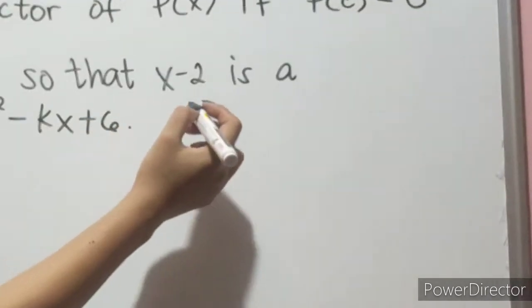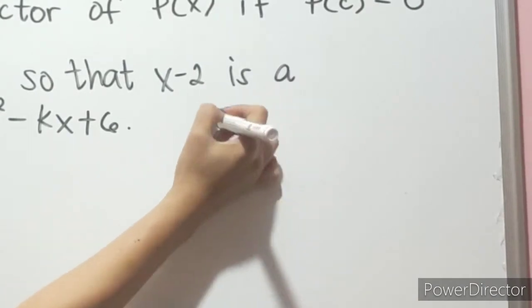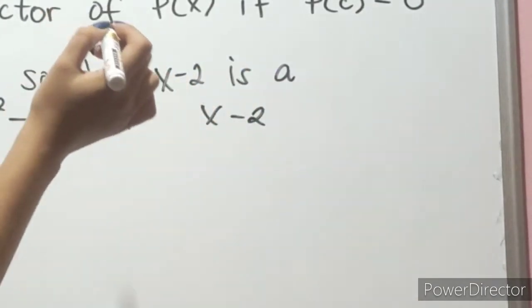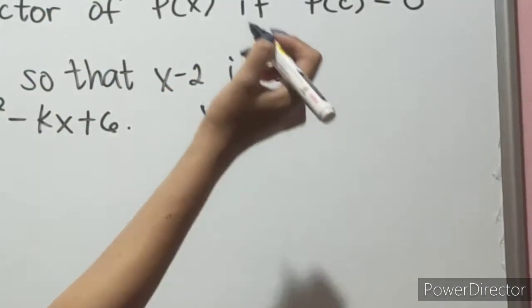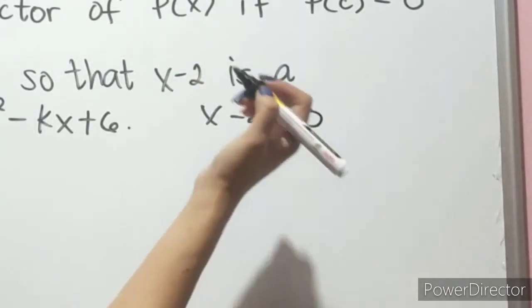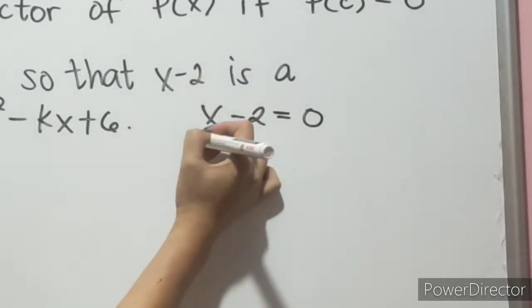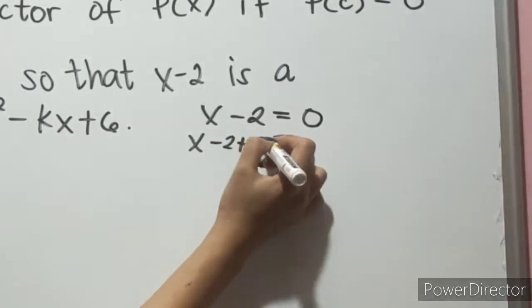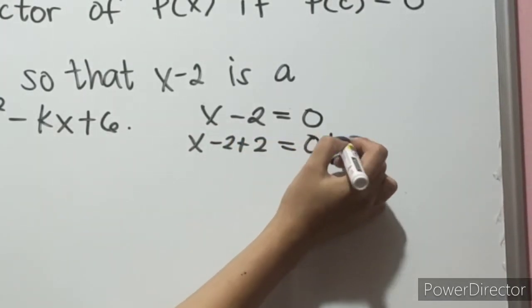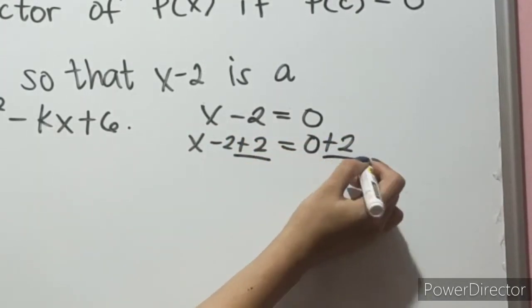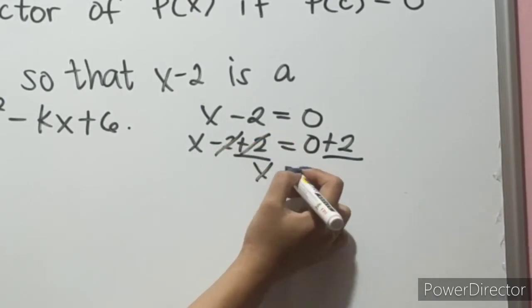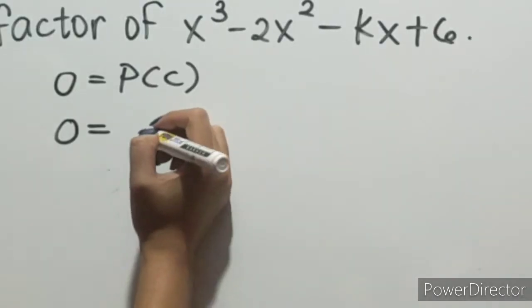So, dahil x minus 2 ito, let's find our c by adding both sides by 2. Again, this is APE. So, x is equal to 2. So, our c is 2.